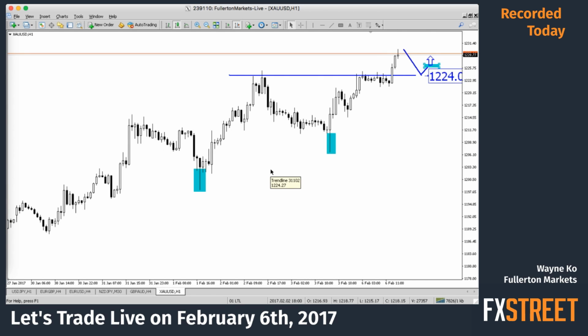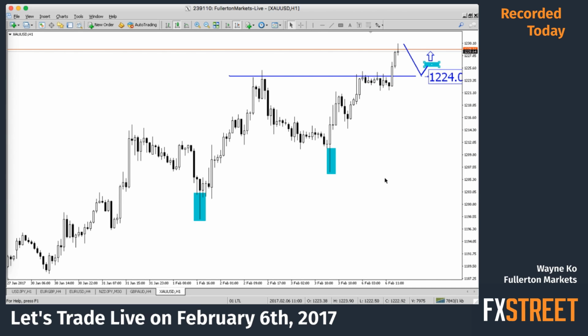Of course it depends on the instrument and the currency pairs that you are trading. It doesn't happen to all instruments, so you have to understand the characteristics of the symbols and instruments that you are trading. And sometimes just by looking at the price action, you can roughly know the behavior of that instrument at that point in time.